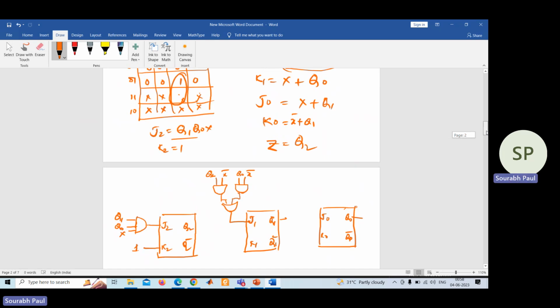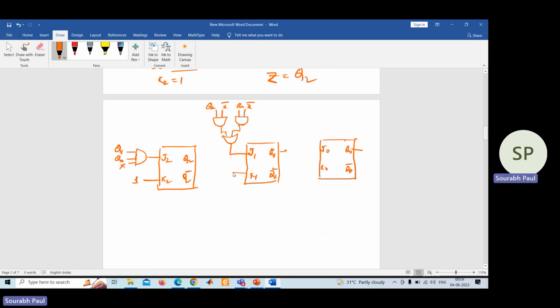Now, what about K1? K1 is X plus Q0, so you have to use one OR gate with X and Q0. Now, what about J0? J0 is X plus Q1, so you can make one OR gate, X plus Q1. What about K0?